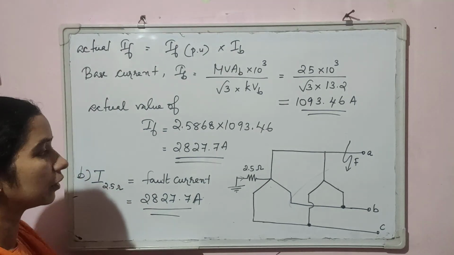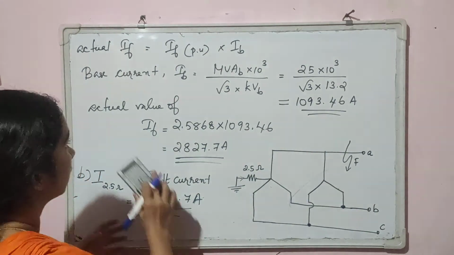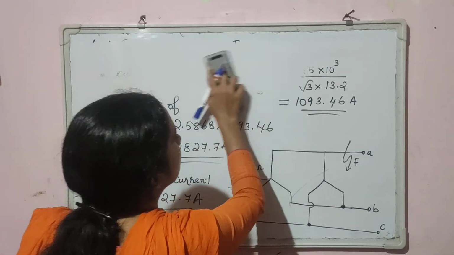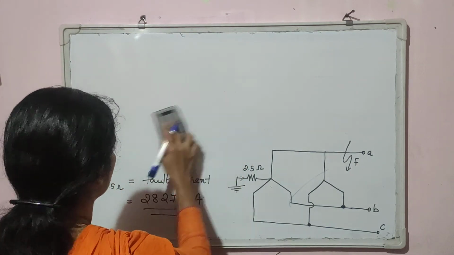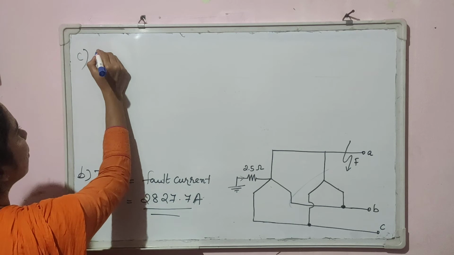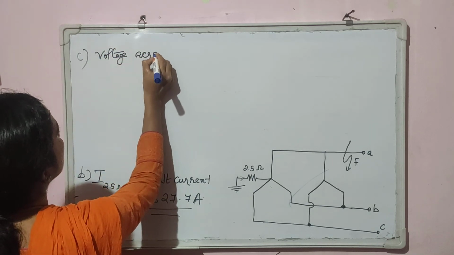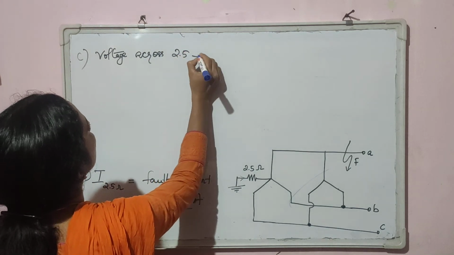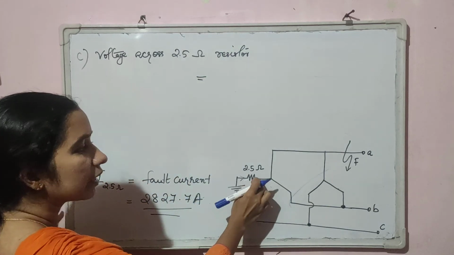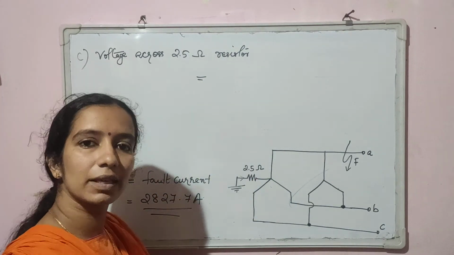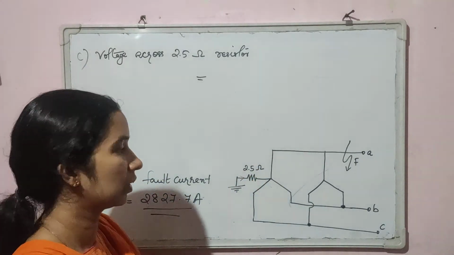And we have one more part to solve, and that was to calculate the voltage across this neutral grounding resistor. The last part was to calculate voltage across 2.5 ohm resistor. Okay, how will you calculate the voltage across this resistor? V is equal to I into R, current flowing through it into the resistance value.